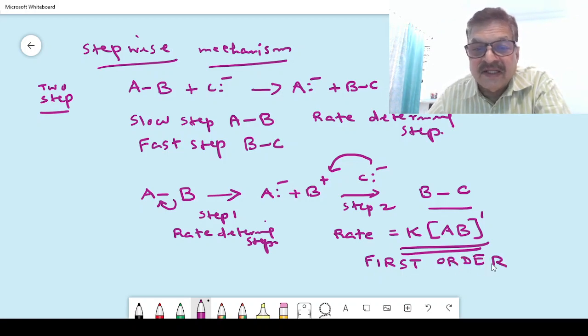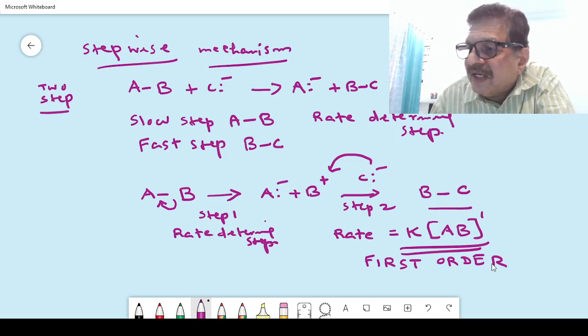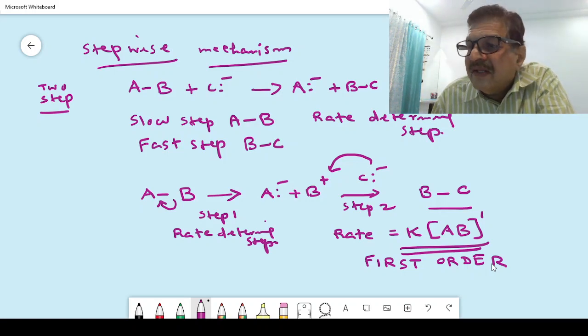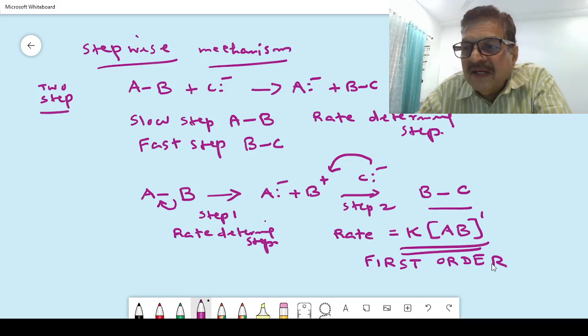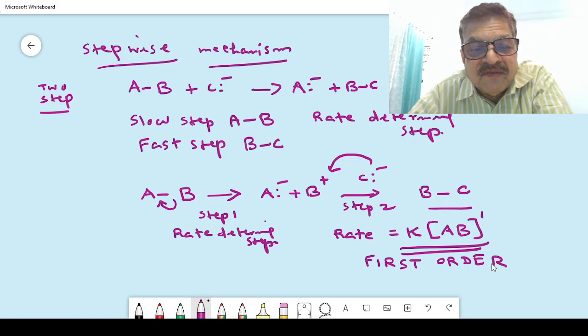The other one is bimolecular; this is unimolecular, with a first order rate equation. Only one concentration term is involved, therefore the kinetics is first order. It is a stepwise mechanism, a slow step and a fast step. The slow step is the rate determining step, step 1, and in step 2 this BC bond is formed.